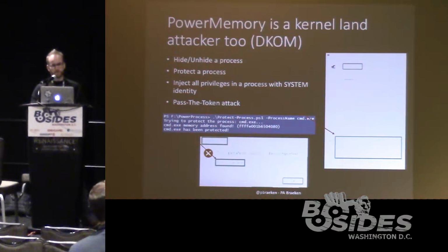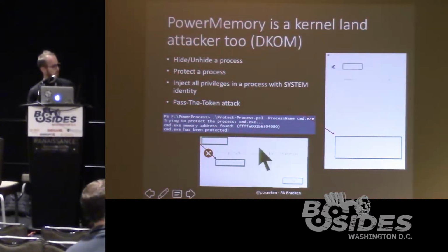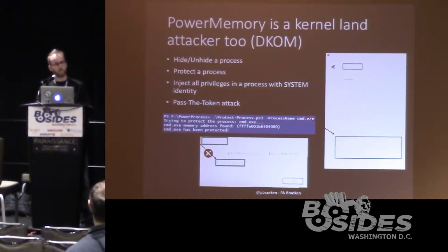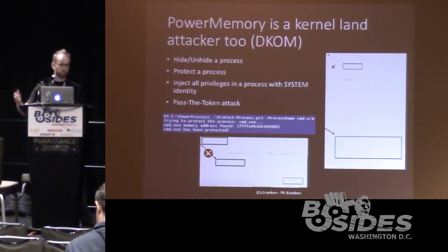You can protect a process, which is very interesting because it lets you access special processes like LSASS. If you cannot see very well on the screen, but if you try on several recent operating systems to dump this process, you will have this kind of error message. So by protecting your process as LSASS, you will be able to dump it as usual.